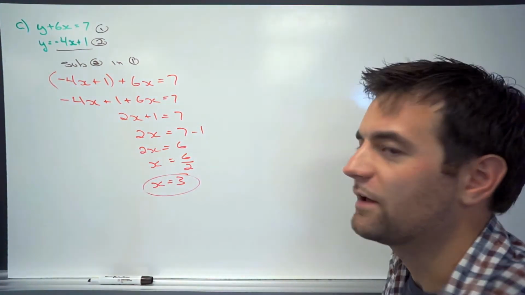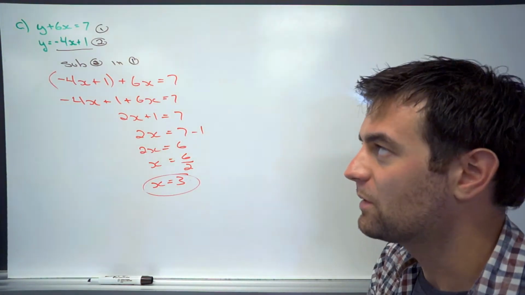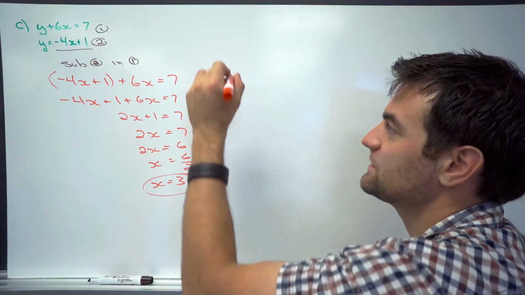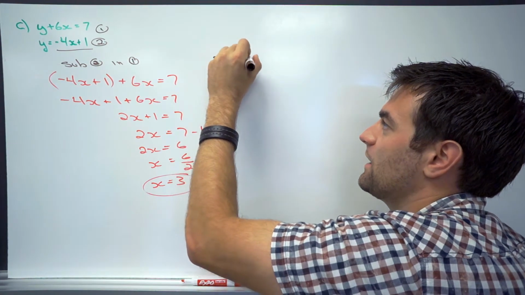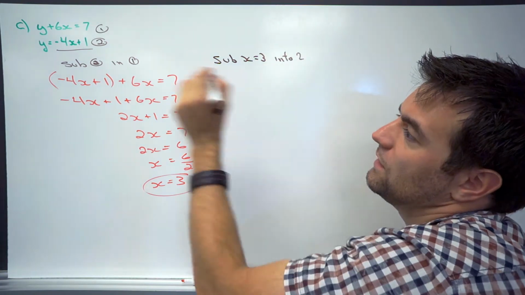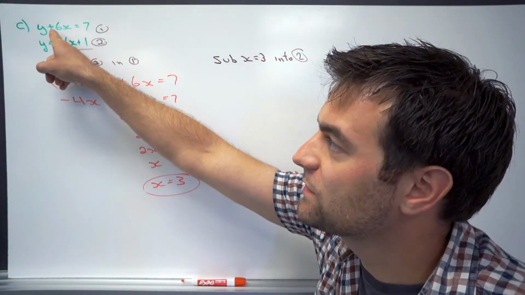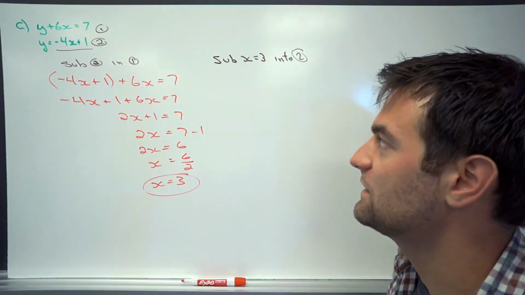So I found my x value. Now I still need to find my y value. Remember, we're finding the point of intersection, which is 2 coordinates. So I have the x. I can take this now, sub x equals 3 into equation 2. I'm picking equation 2 because it's already y equals. This one I'd have to rearrange a bit to find out what y is.